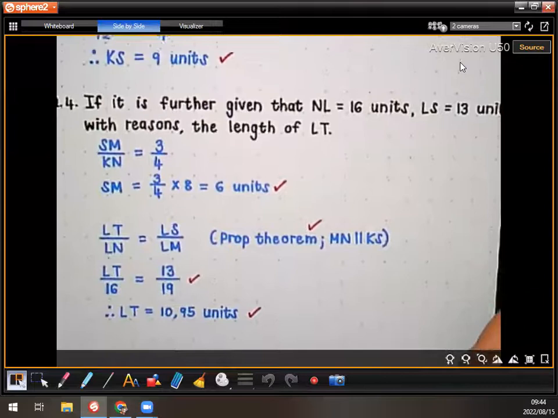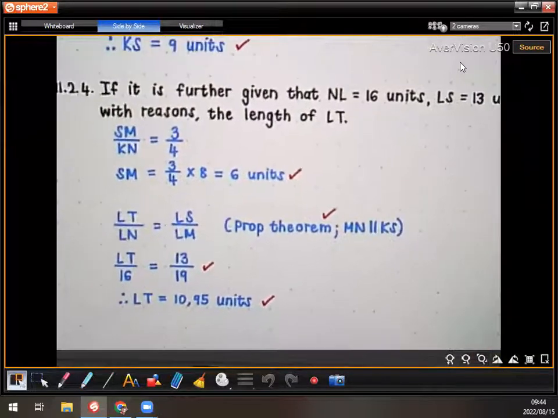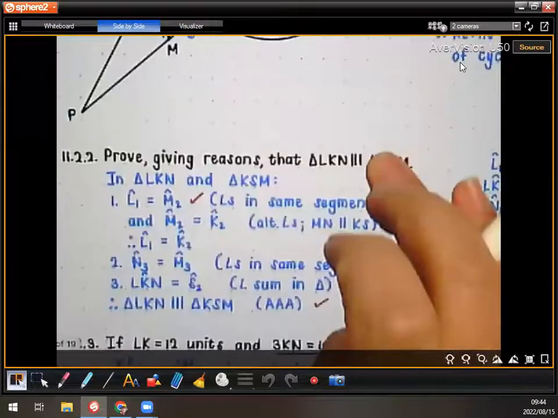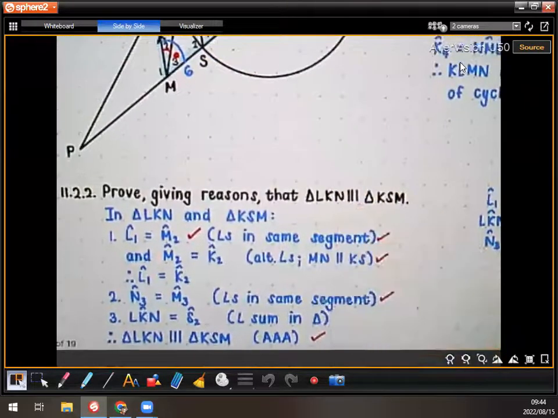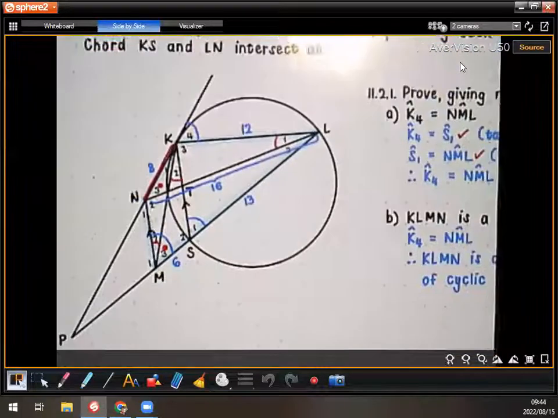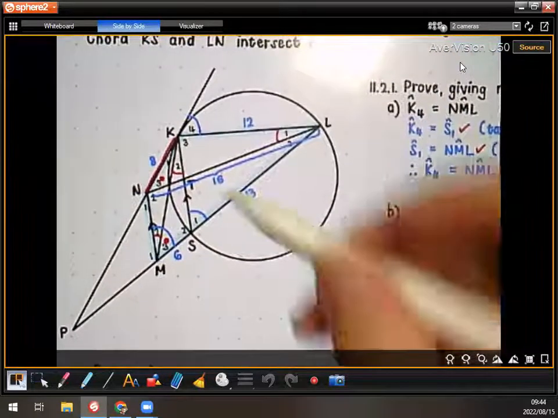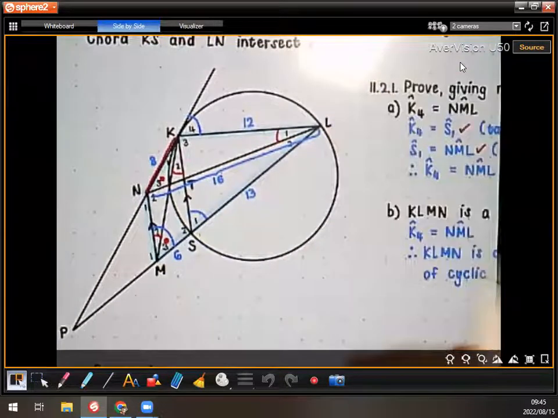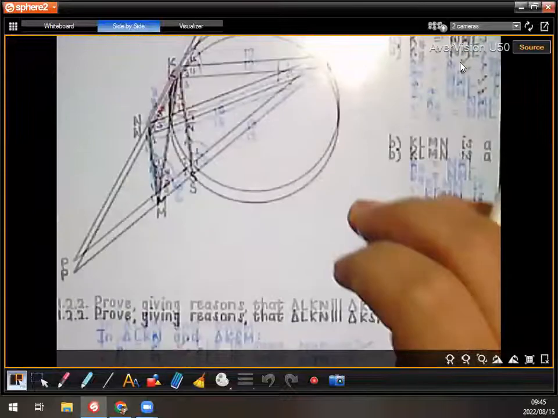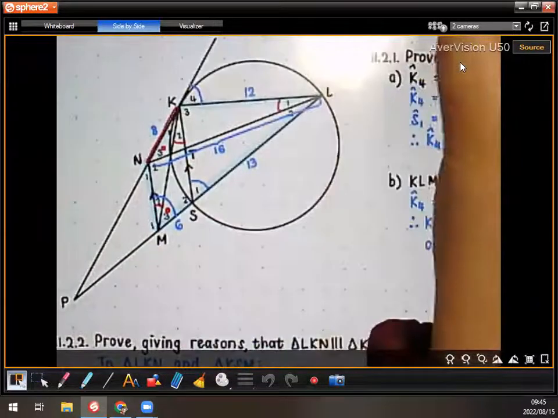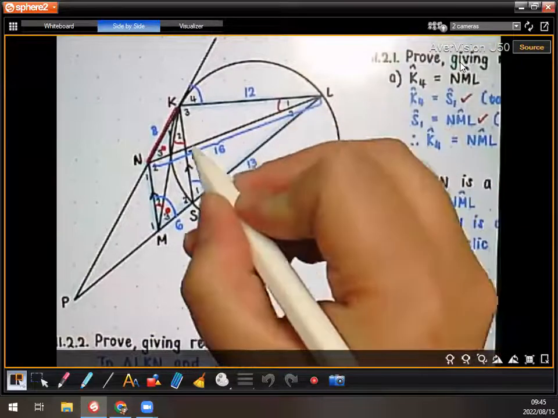Then we could use the proportion theorem. Let's go back up quickly. The theorem concerns these two lines that are parallel. What are we trying to find? The length of LT.